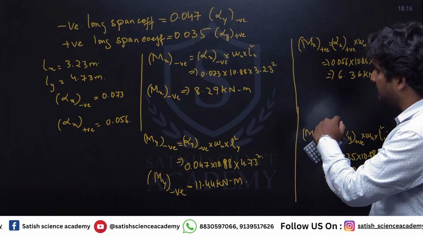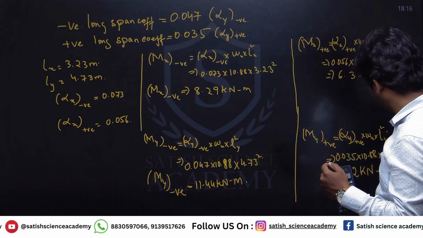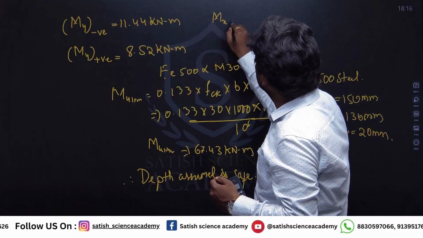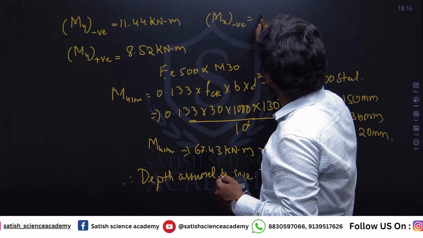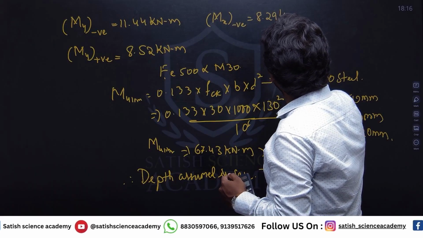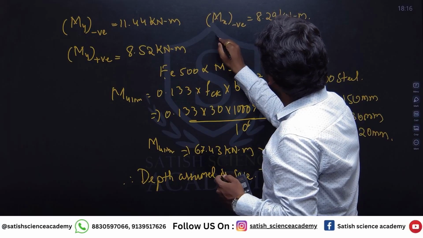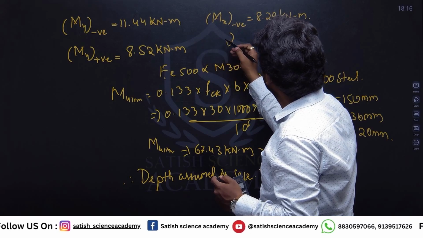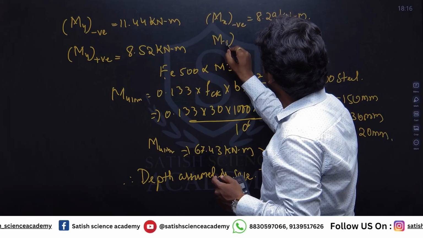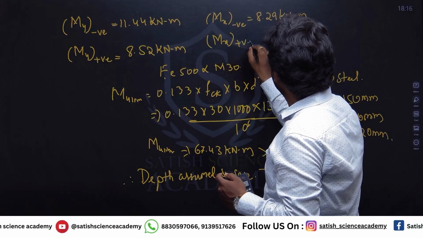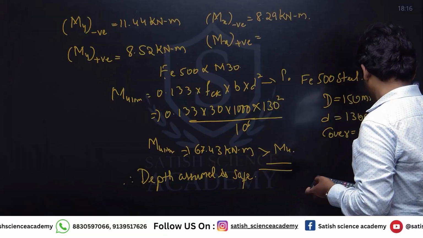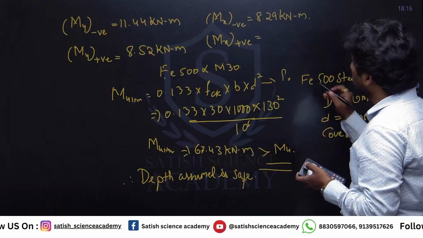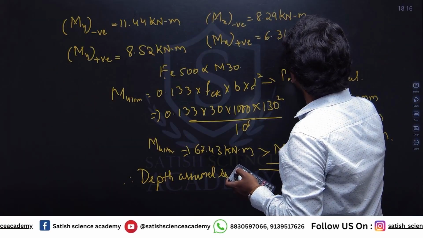See, Mx negative is 8.29 kilonewton meter, and Mx positive is 6.36 kilonewton meter.